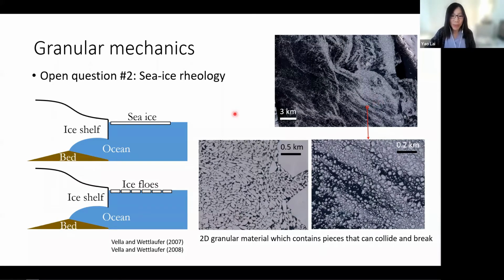As John pointed out, the rheology of sea ice used in climate models is highly uncertain. In particular, how to describe the bulk motion of this 2-dimensional granular material, which contains pieces that can collide and break, is still not well established.